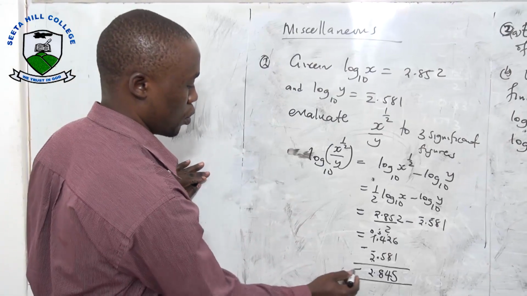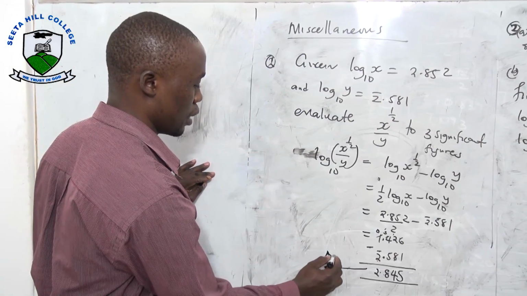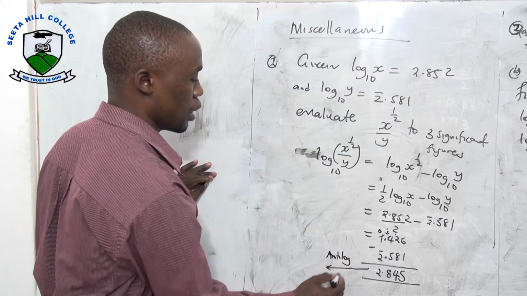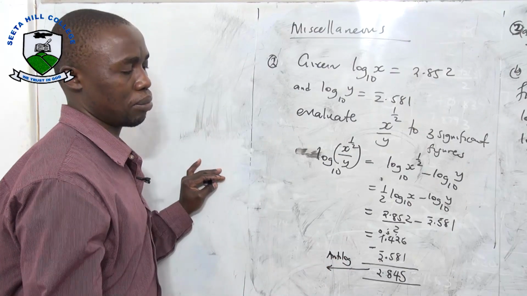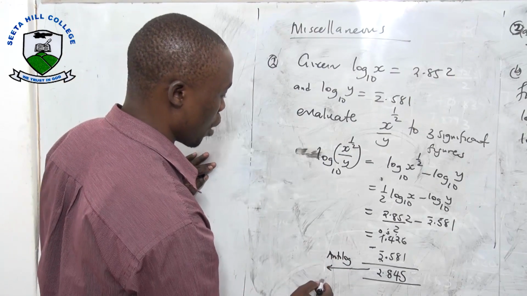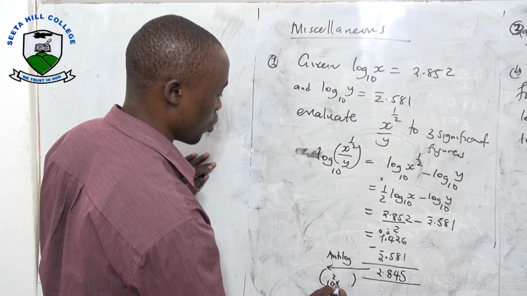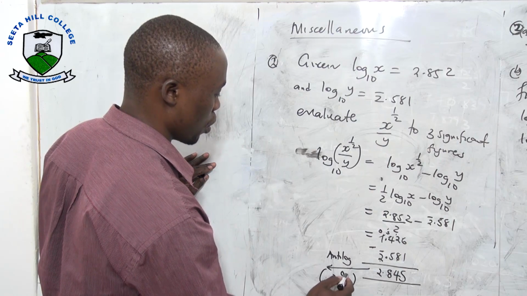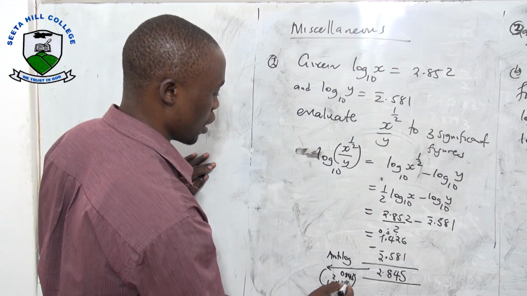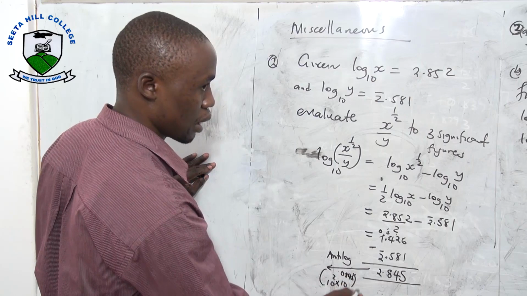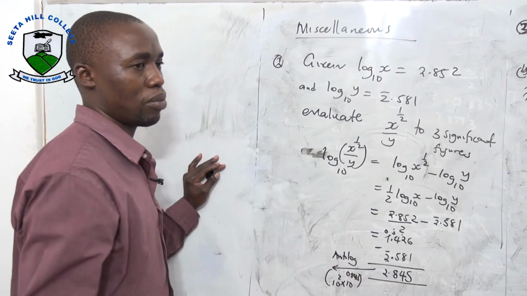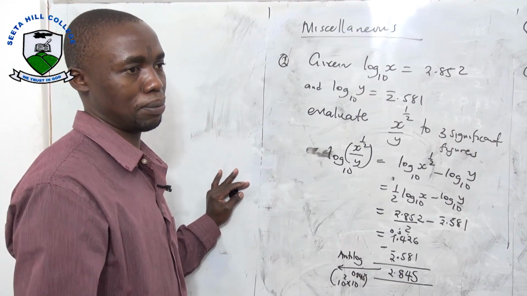So you say anti-log it. We said don't waste the time. Okay, that will be 10 to the power what? This means 10 to the power 2 times 10 to the power 0.845. Get this to 3 decimal places first, then multiply by that.